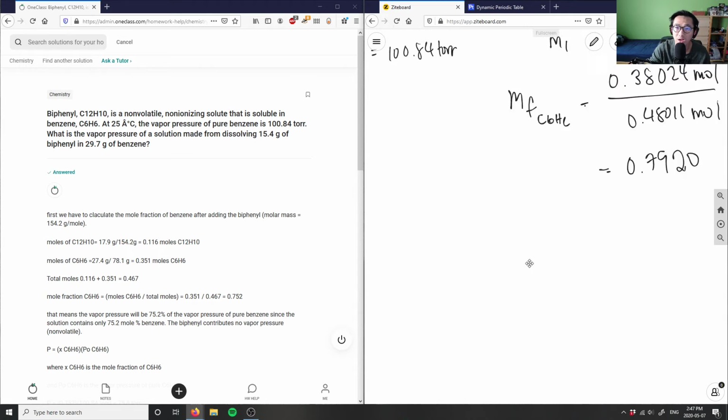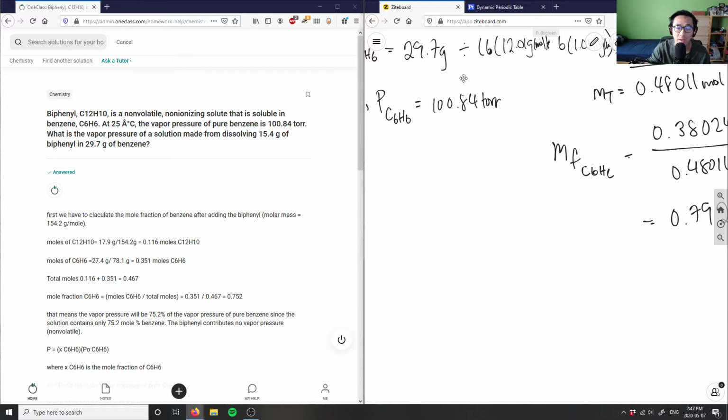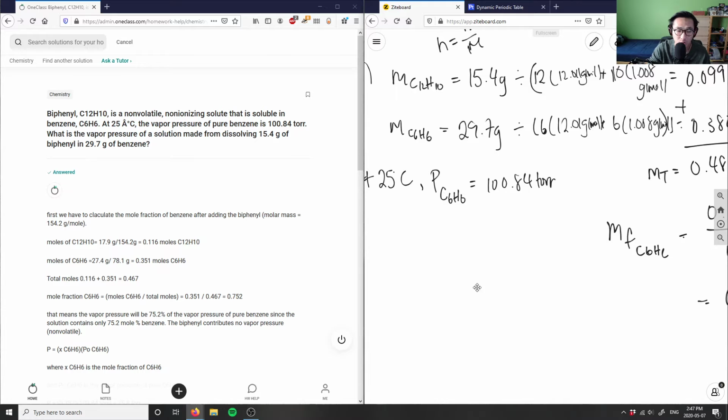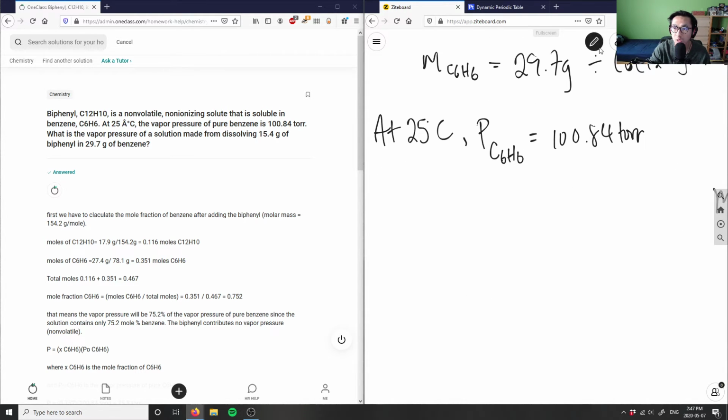So once we have our mole fraction, what we can solve for is our partial pressure, right? Because we know here our pressure at 25 degrees is 100.84 torr. I can simply find the partial pressure now. So my vapor pressure here, P V of C6H6, is going to equal the mole fraction X of C6H6 times our pressure of C6H6, right?